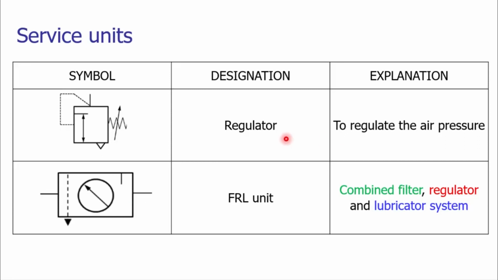The regulatory valve, which is used to regulate the air pressure, can be seen on your screen. This is the spring loaded valve, but we can change the spring force over here. For that purpose the arrow has been mentioned.